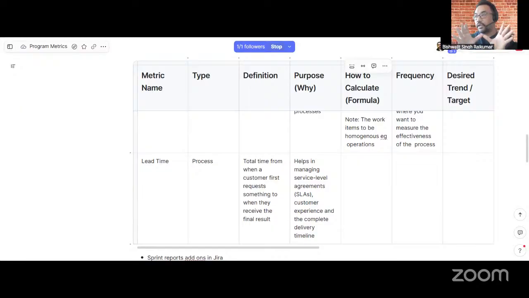There are a lot of Diwali leaves in India, and different regions have different holidays: Durga Puja, Dussehra. Many factors impact the capacity of the team, and this comes into the picture when we estimate the deliverables for the next release.